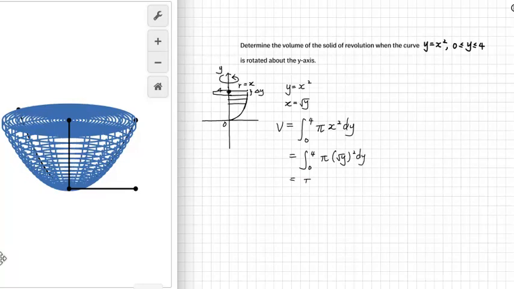Therefore I can take the pi out: pi times the integration from 0 to 4 of y dy. Now I'm going to do substitution, which is 4 squared over 2 minus 0 squared over 2. Therefore, the final answer is 8 pi units cubed.